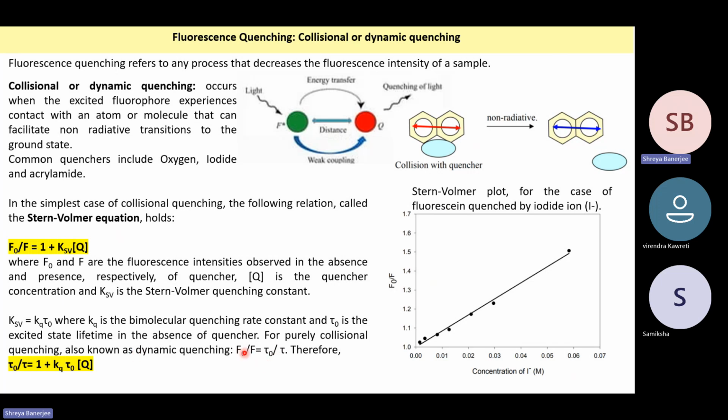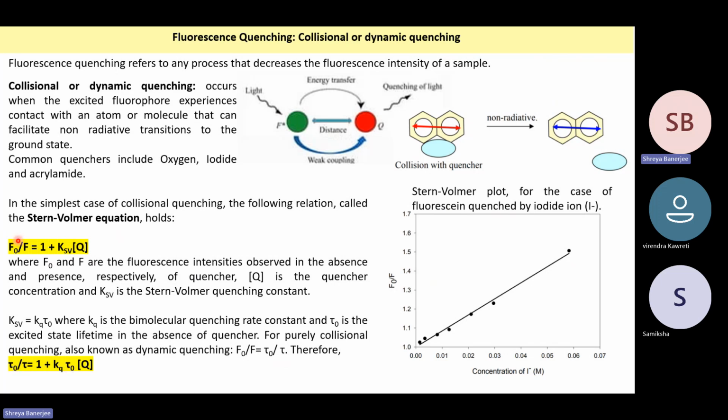And F0 by F can also be written as tau 0 by tau. F0 is the fluorescence intensity when there is no quencher present, and F is the fluorescence intensity in the presence of the quencher. We can also write this in terms of lifetime. Tau 0 is the lifetime in the absence of quencher, and tau is the lifetime in the presence of quencher.